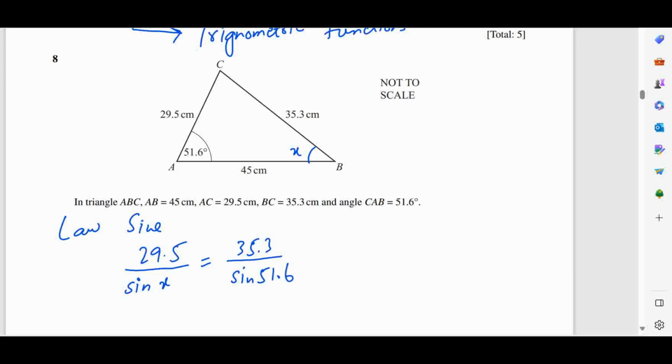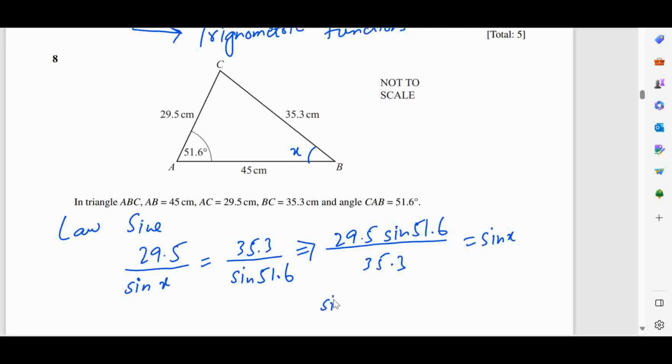Now if we rearrange it, this will be equal to 29.5 into sine of 51.6, whole divided by 35.3, is equal to sine of x.